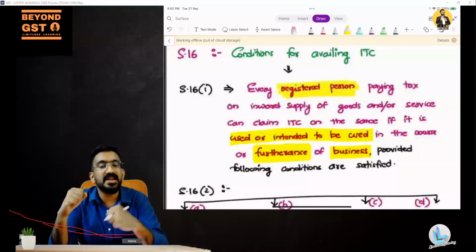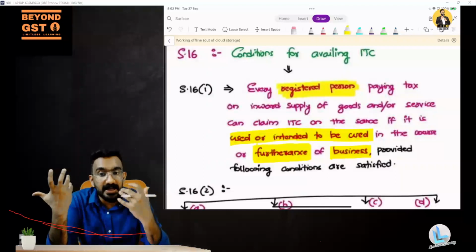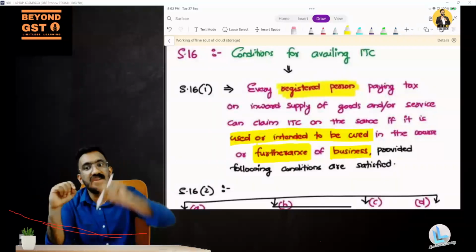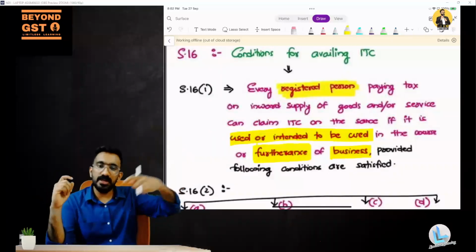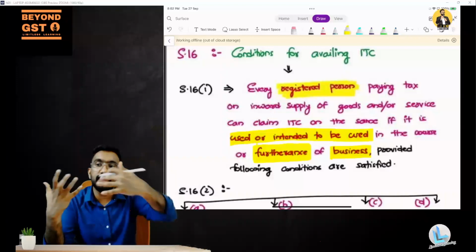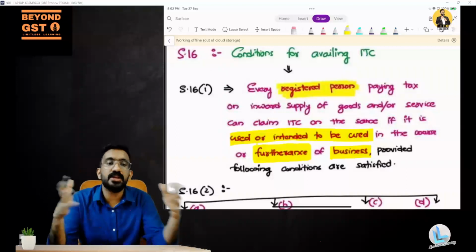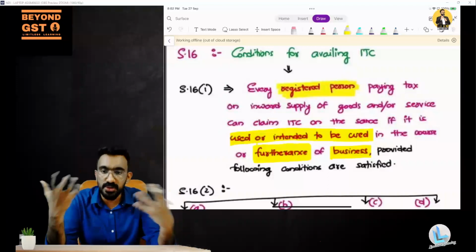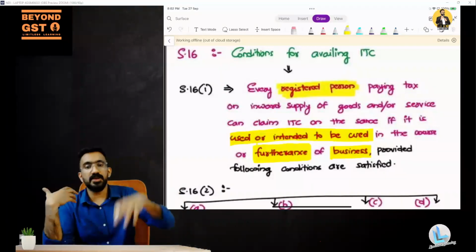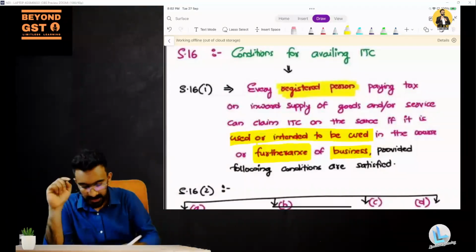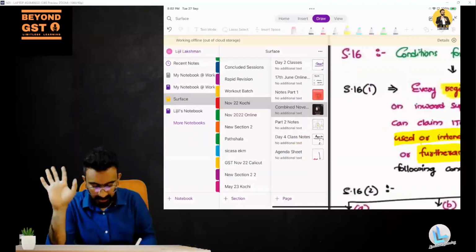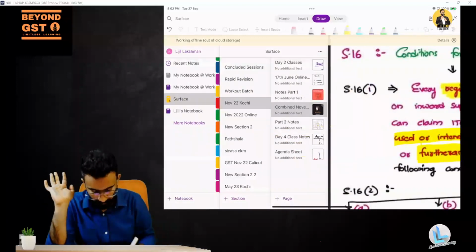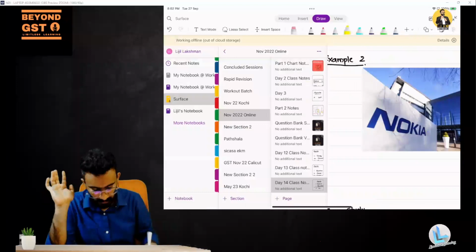You can take ITC when it is used or intended to be used in the course or furtherance of business. Your intention could be to use it for the development of your business, and anything that you do for development of business is also part of your business. Thereby, you can take ITC. So these are the two understandings that you have to have from section 16.1. All right. Okay.